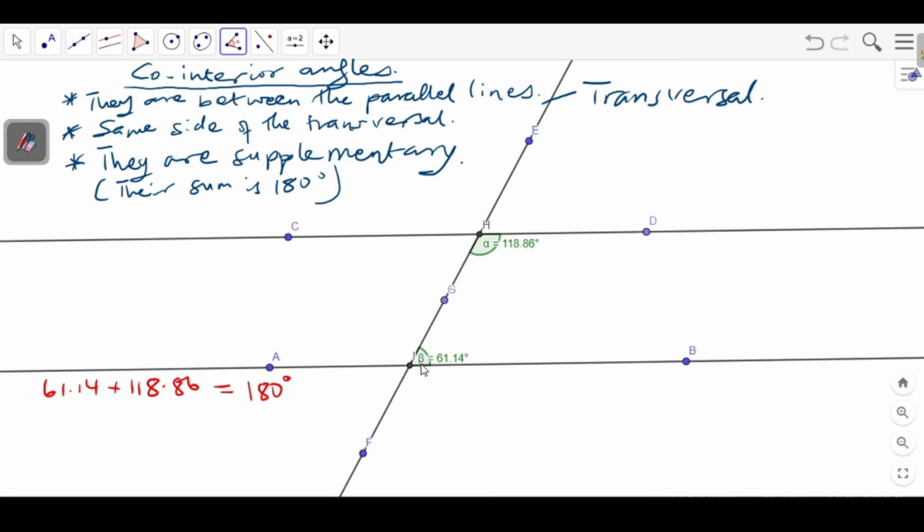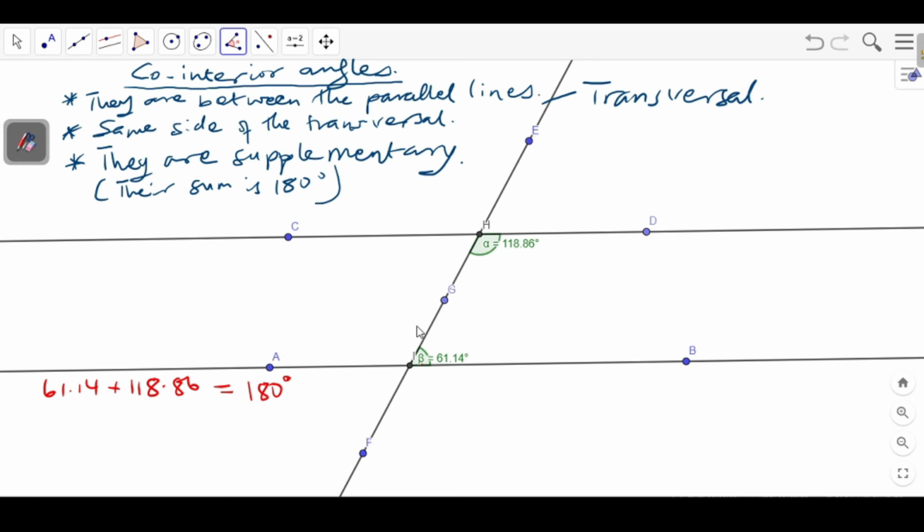Rightly so, because these are alternate angles, and if you remember, alternate angles are equal, and these are also alternate angles, and alternate angles are equal.